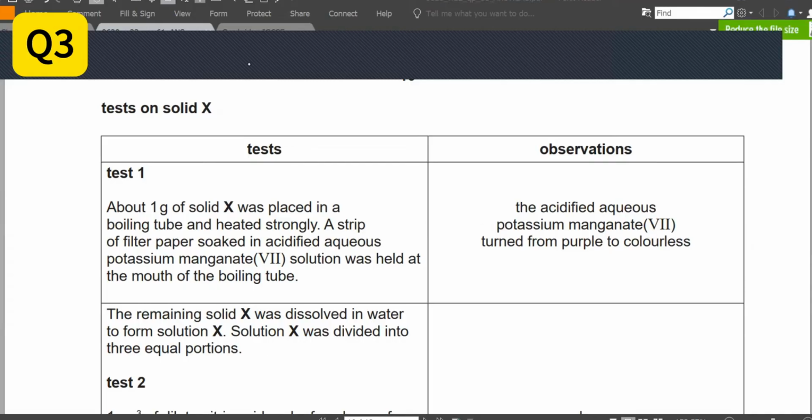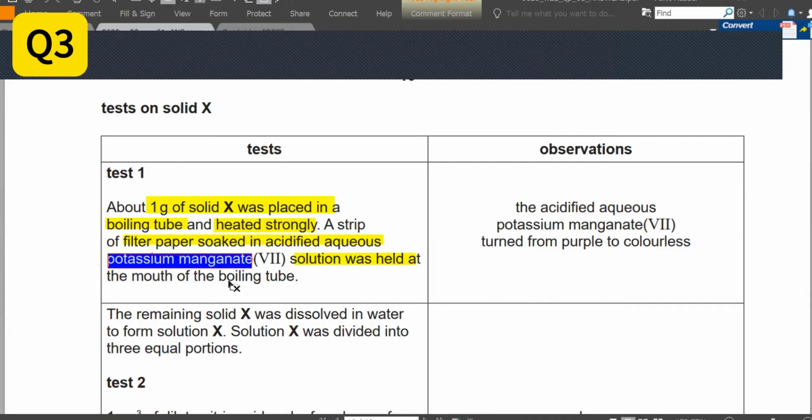What do we do? 1 gram of solid X is placed in a boiling tube and heated strongly. A strip of filter paper soaked in acidified aqueous potassium manganate solution is held at the mouth of the boiling tube. The acidified potassium manganate turned from purple to colorless.